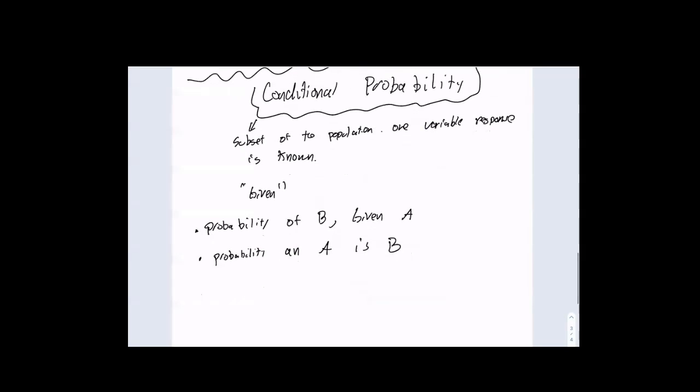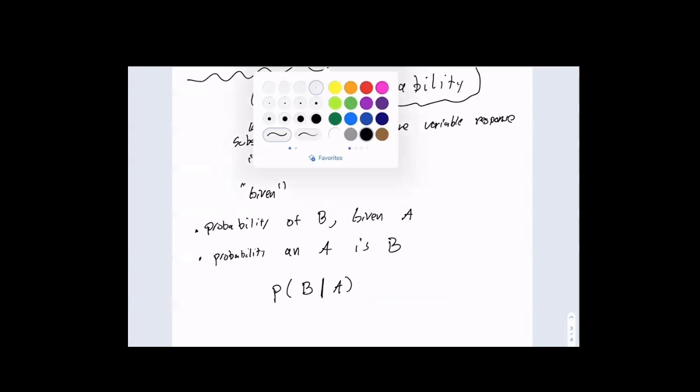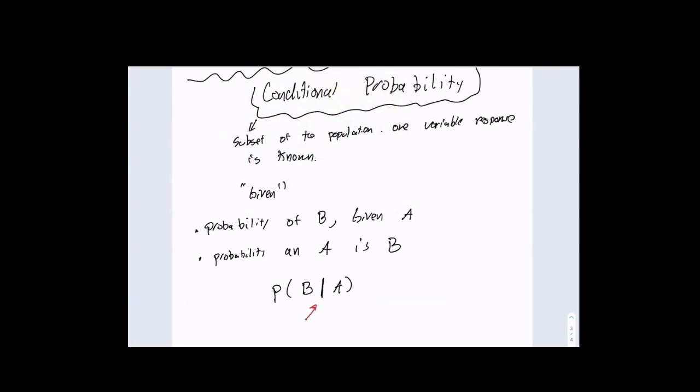The notation that we use is the following. It's the probability of B given. We use the upside down... This is given, conditional on A. So that little symbol, that little vertical line, means given or conditionally on, or condition. I'll just say condition. It might make it a little easier.